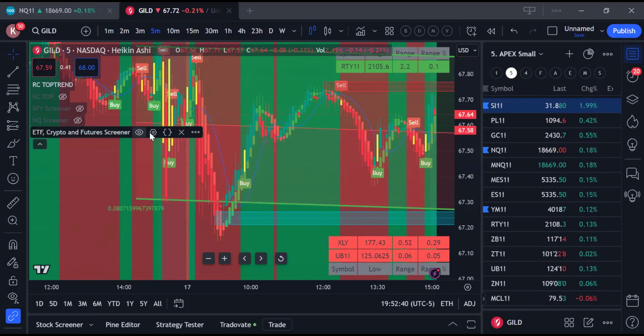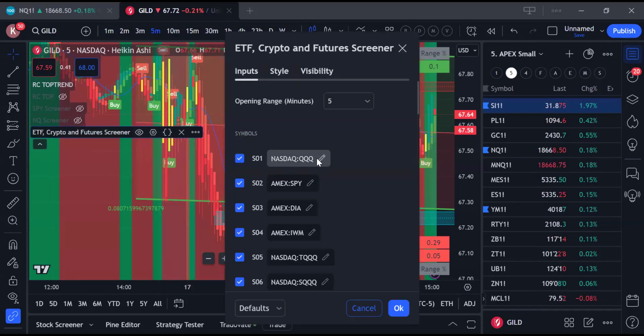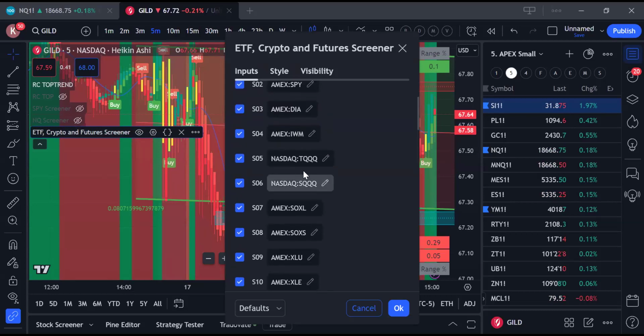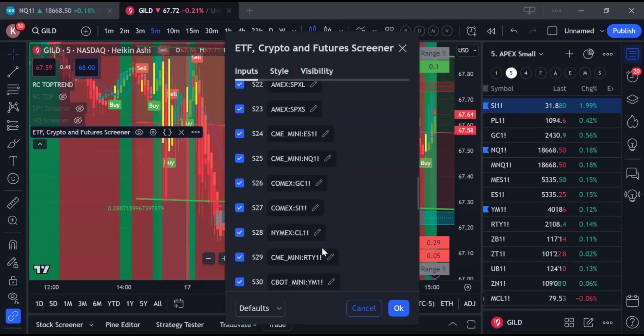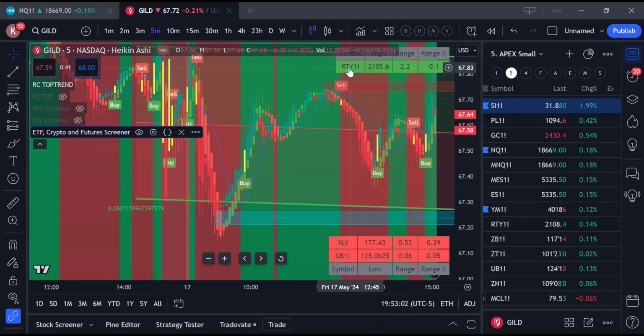If you go here, you have QQQ, SPY, DIA, IWM, TQQ, SQQ, SOXL, SOXS, XLU, XLE, XLF, all these tickers, right? Even you can have futures, NQ, GC, silver, crude oil. So for example, RTY was at the top of the channel in the morning.